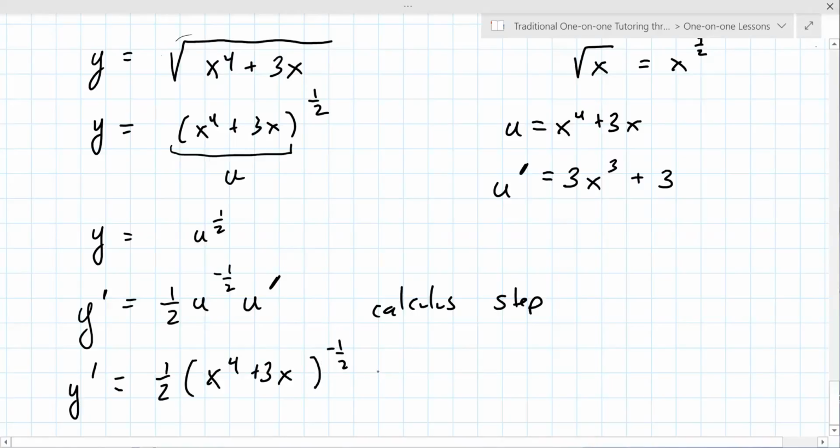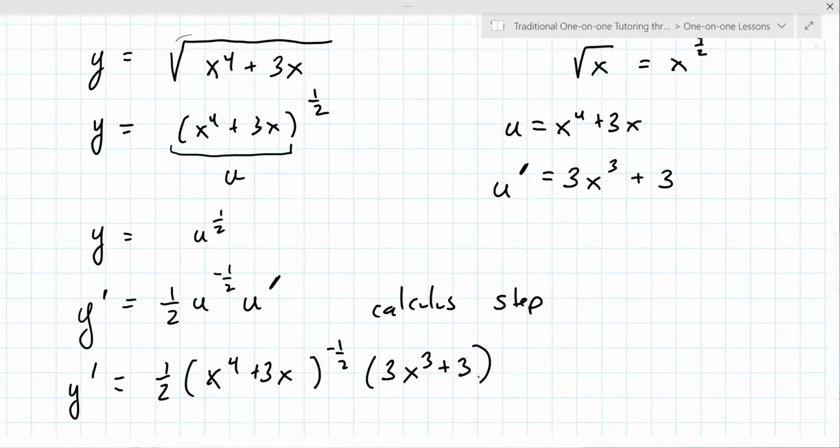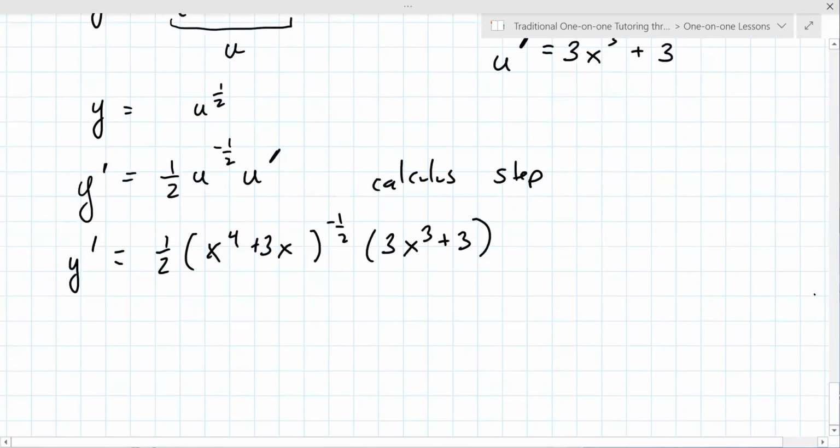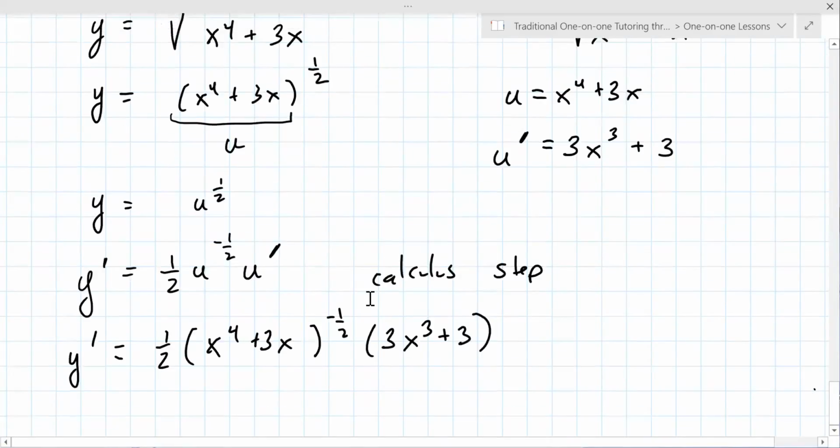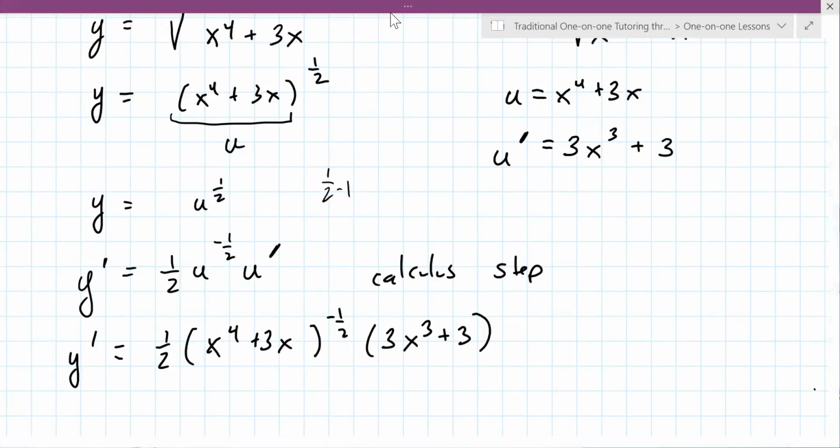Your u prime is 4x cubed plus 3. From where did he get the negative half? Power rule. Remember, you subtract 1 from the exponent? Yes. 1/2 minus 1. Yes.